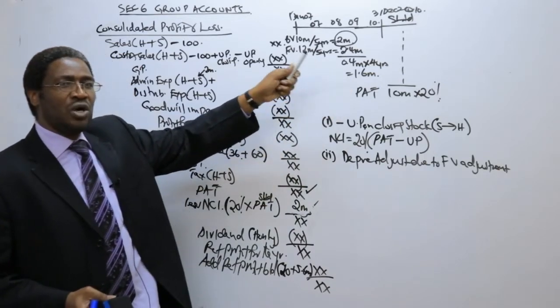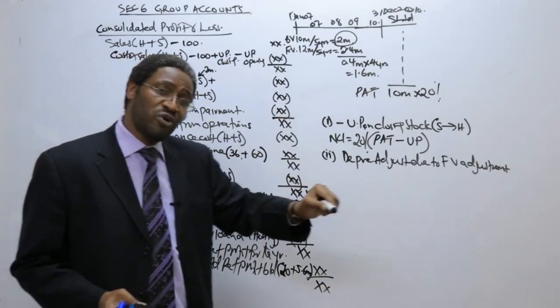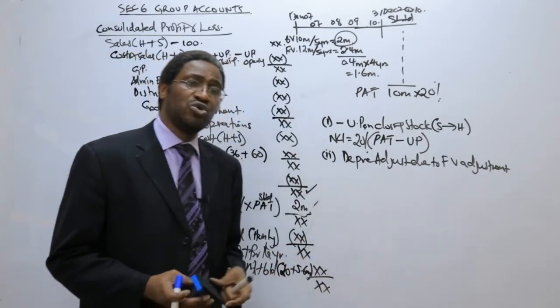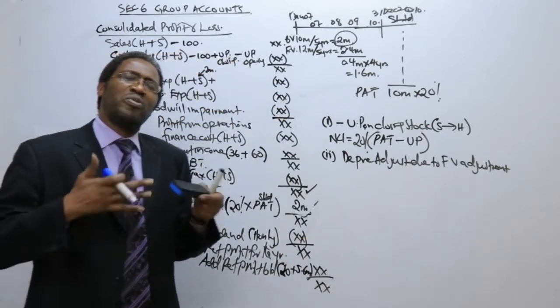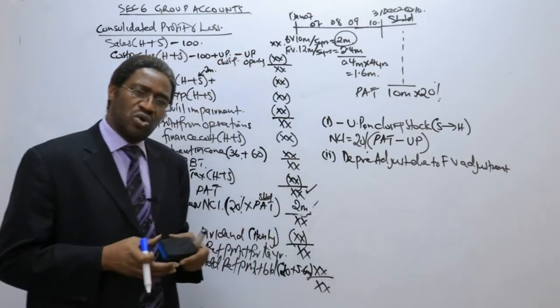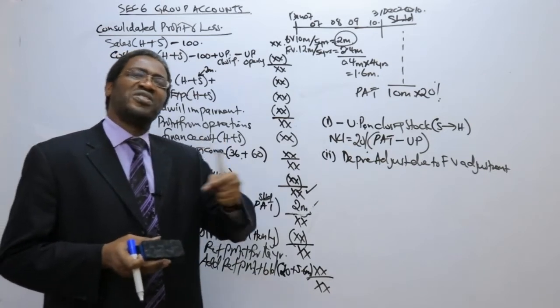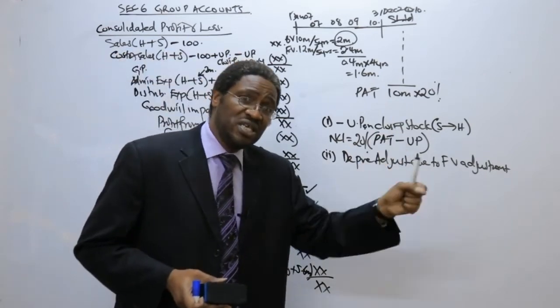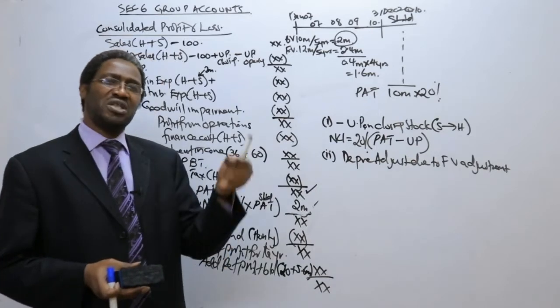But now we don't use the 1.6 million for the 4 years. Why? Because when you are doing a group income statement, you normally do it for the year ended, whatever the year. Our current year, we are assuming to be the year 2010.